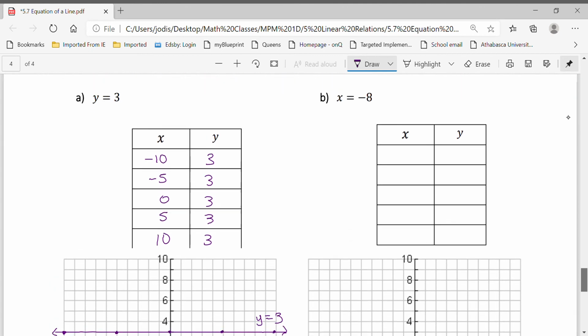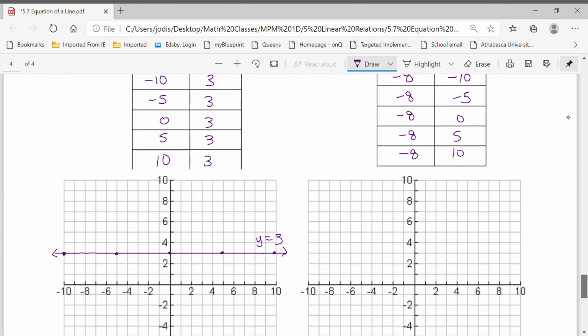Now, if we take a look at the second one, we have x equals negative 8. In this case, x is always going to be negative 8 because we have no y value. We can make up whatever y values we want. I'll do the same: negative 10, negative 5, 0, 5, and 10, because it can fit.